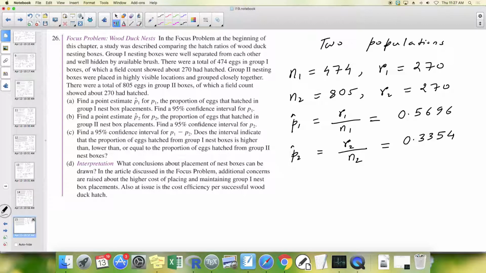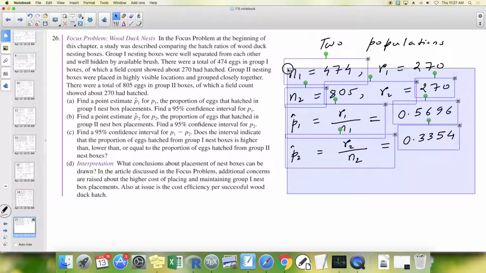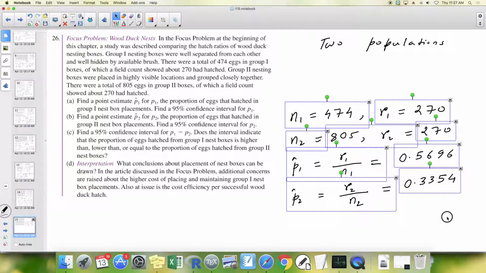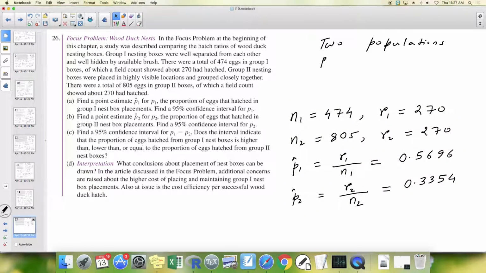Okay. So now, all right, I should have written the following, sorry. So it's a two populations problem, it's a proportions problem. And is this chapter 7 or chapter 8? So we need a 95% CI for P1 minus P2. So forget part A and B. For part C, we need a 95% CI for P1 minus P2.